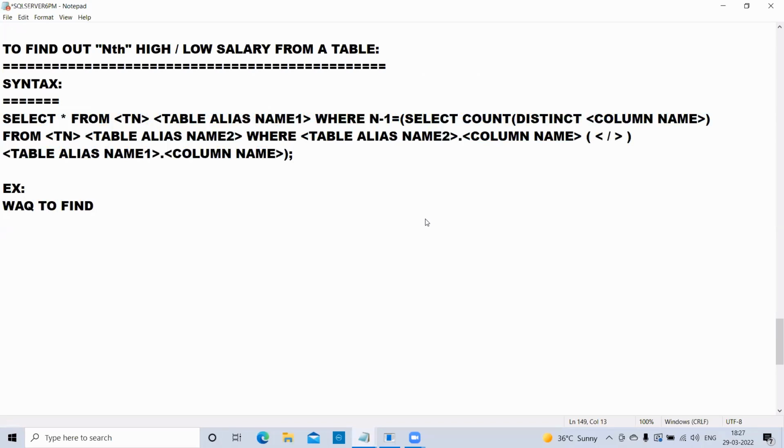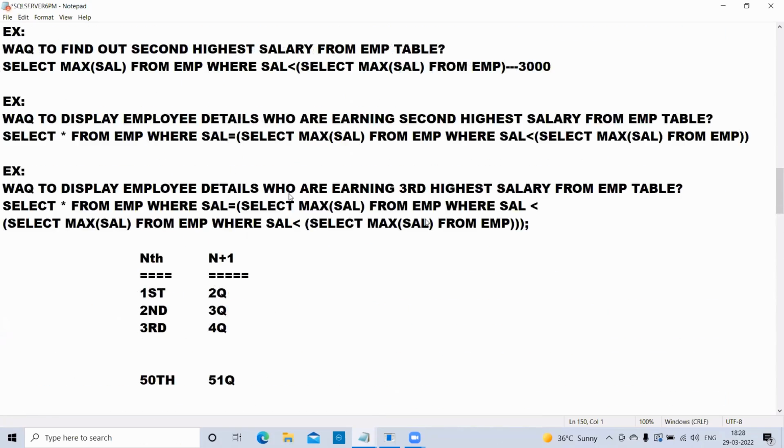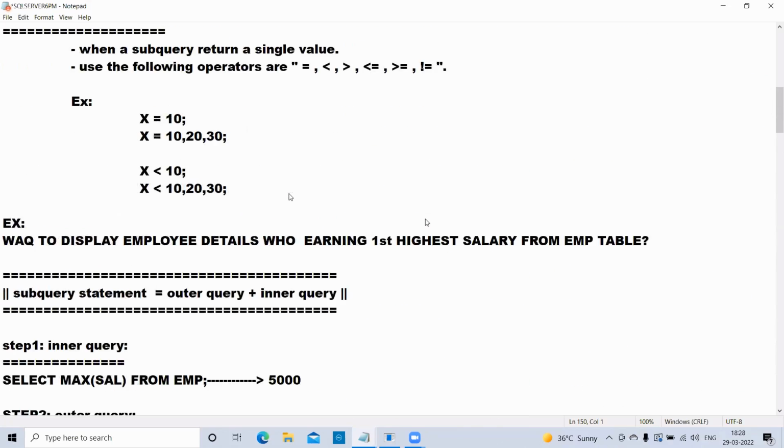Write a query to find the first highest salary employee details. This requirement we already did with non-correlated subqueries, to find the first highest salary.